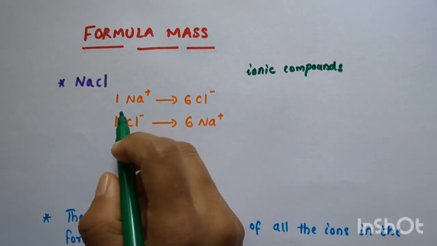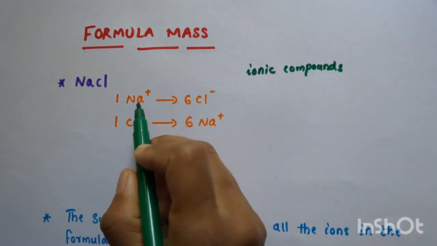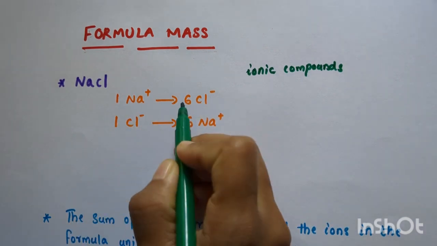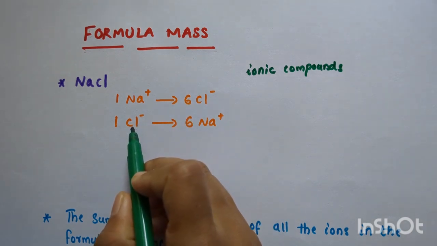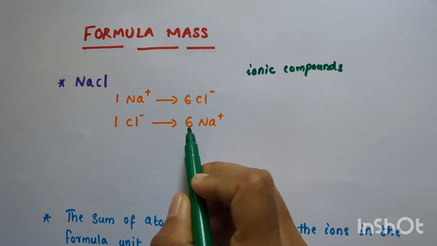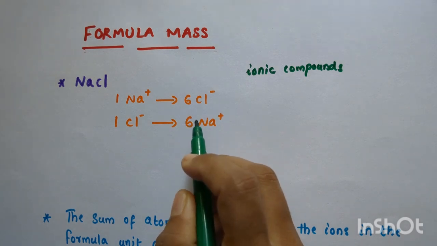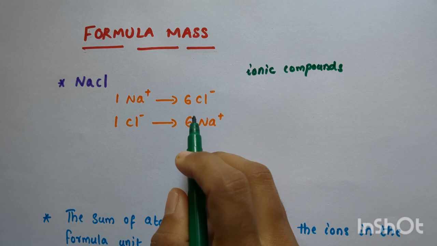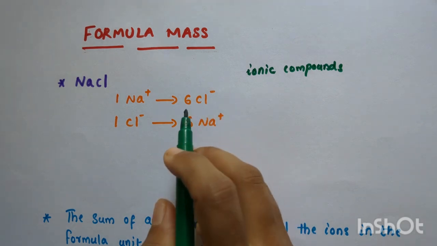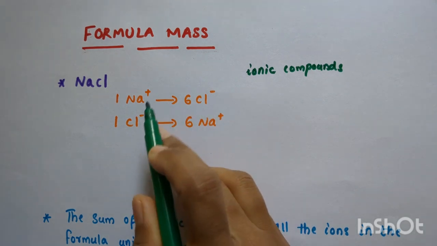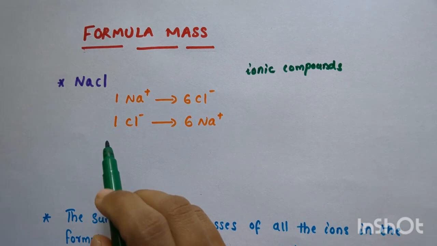In sodium chloride, one Na plus ion is surrounded by 6 Cl minus ions and one Cl minus ion is surrounded by 6 Na plus ions. In a compound where the constituents are molecules or atoms, we use molar mass. But when the constituents are ions, we use formula mass.